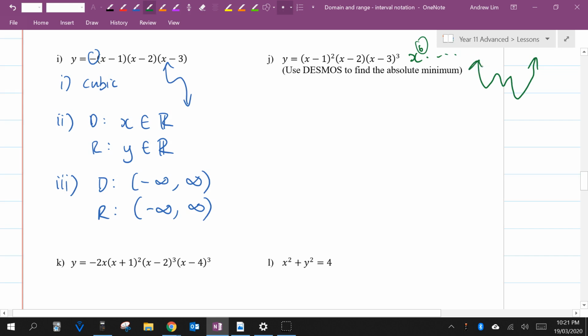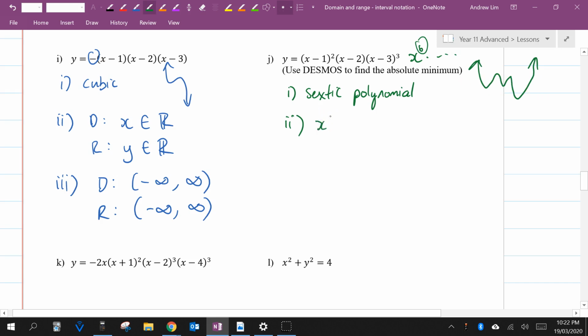Alright. Now, this is called a sextic polynomial. Okay, because the highest power of x is 6. So the domain of this, we can see x can be anything.